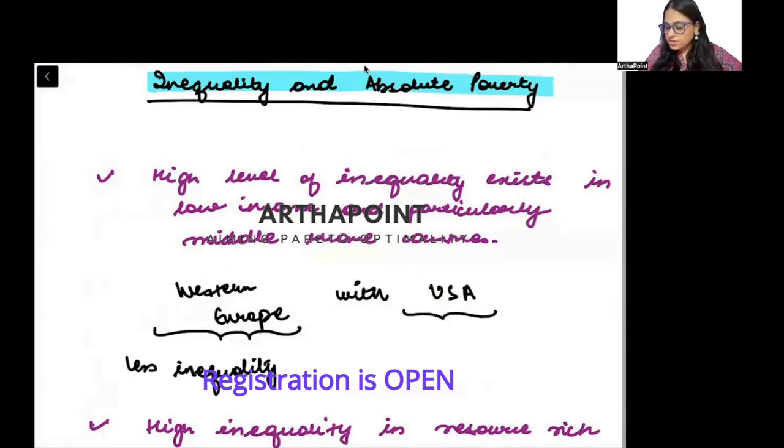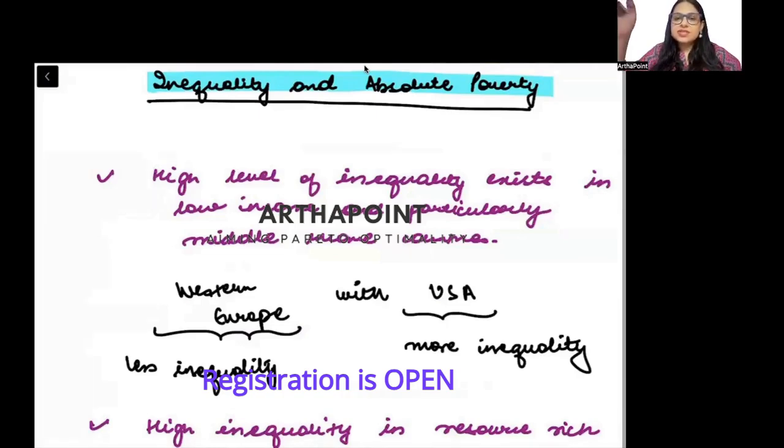But in US, there is more inequality, right? So it is seen that the inequality is much more in US because it is a capitalist economy. Some people are very rich and others are poor. But in Western Europe, the inequality is less because it is more of a socialist economy, right?